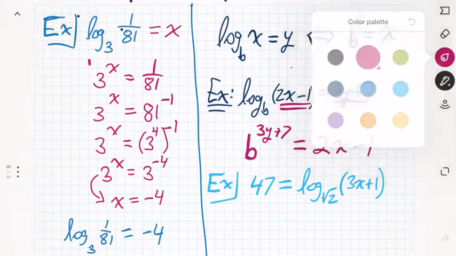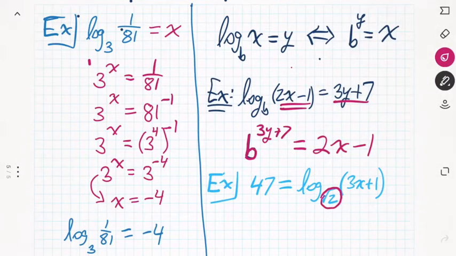The base here, weirdly enough, is square root of 2. So when I say, what is the base of my exponential going to be? It's going to be the square root of 2. Now the square root of 2 is on this side of the equation, so the power has to be on the other side of the equation. So we're going to say the power is 47. And it's going to equal 3x plus 1.